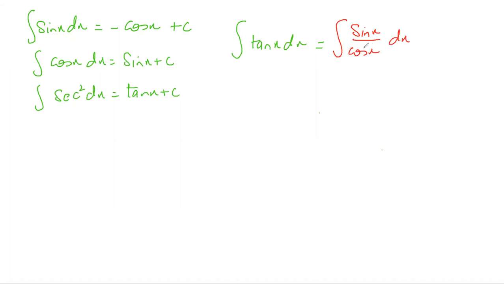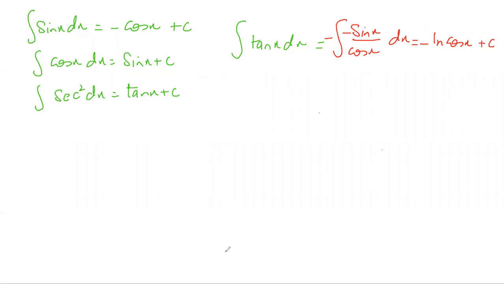Now this is a rational function, you have cos x in the denominator, and its derivative is minus sine x. So you will write a minus here and a minus here. So now we can write that this is going to be minus ln cos x plus c.